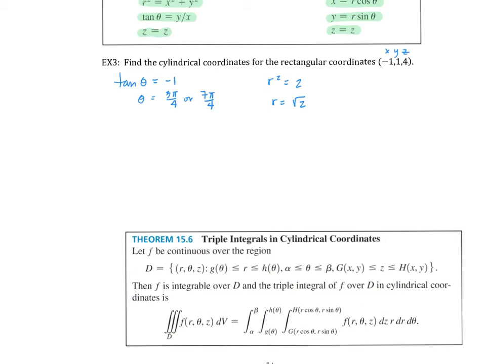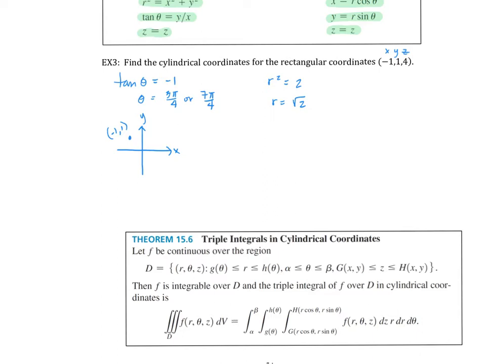Okay, so the thing is I don't know what theta is. I know what z is. Z is 4. So let's just look at this point. Ignore the z value. Just look at the point for the x and the y value. X is -1 and y is +1. So that means if I'm just looking in the xy plane, again, I don't really care about the z.